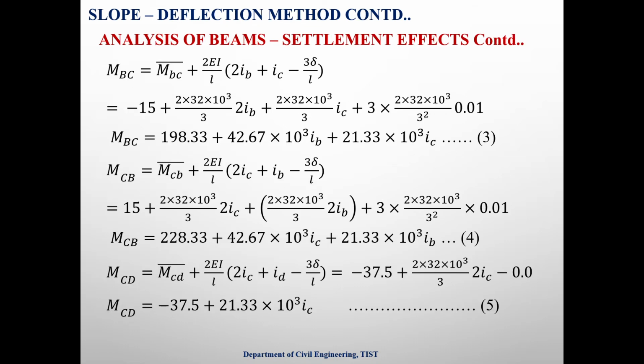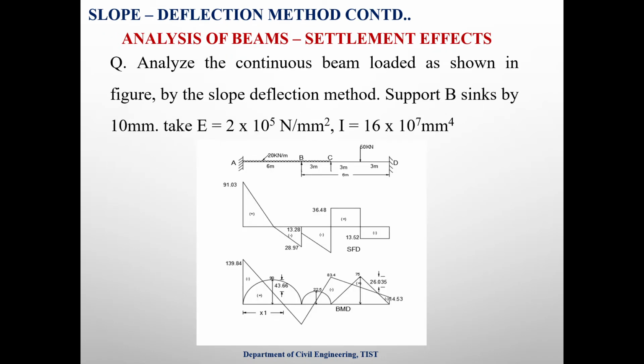From the figure, we have 4 joints: joint A, B, C and D. Since A and D are fixed supports, there will be some moments there. But for joints B and C, in order to keep these joints in equilibrium, MBA plus MBC is equal to 0 and MCB plus MCD is equal to 0.